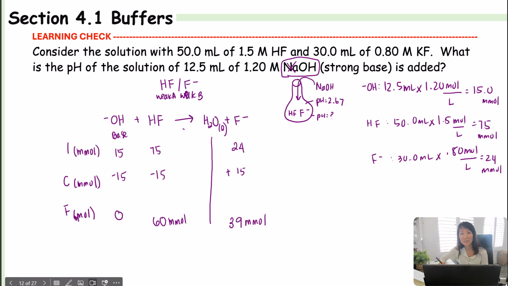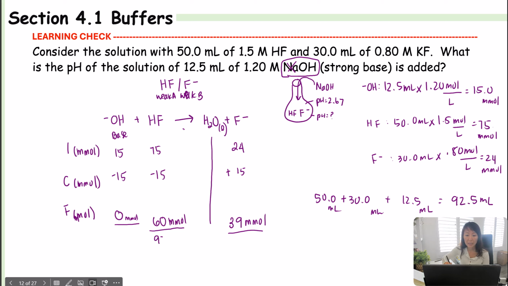Now I want to divide that by the total volume on the bottom here, so that we can get the final molarity concentration. Well, the total volume is 50.0 plus 30.0, these are all in ml, plus the 12.5 ml, and that equals 92.5 ml.